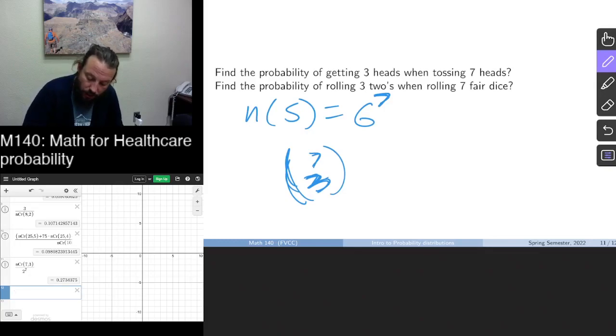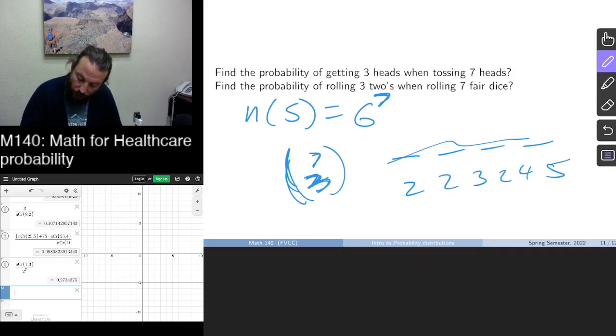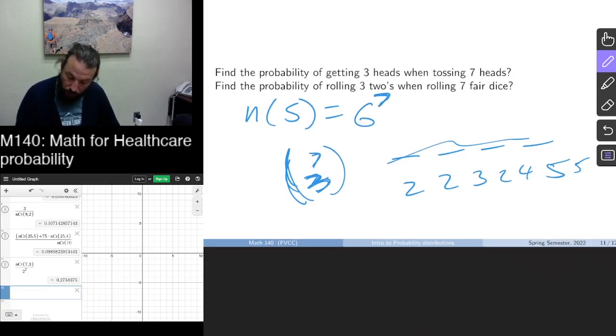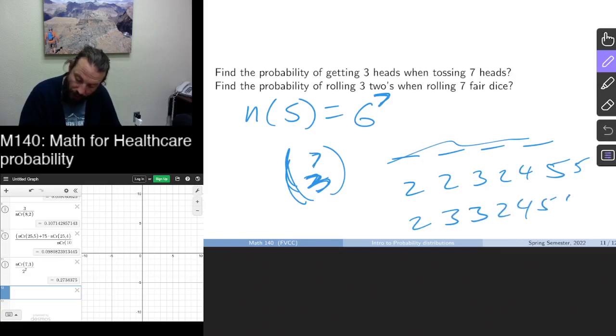Here, let's say we got 3 2s: 2, 3, a 2, and a 4, and a 5, and a 5, right? Well, sure, that's one way to get those 3 2s, but let's say we have two 2s: 2, 3, 3, 2, 4, 5, 5.